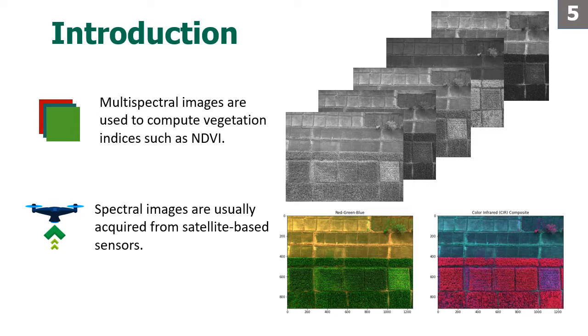Spectral images were usually acquired from satellite-based sensors, but this platform is not time-flexible and disadvantageous for small-scale field monitoring. Hence, researchers were motivated to use UAV instead to acquire images for spectral analysis.